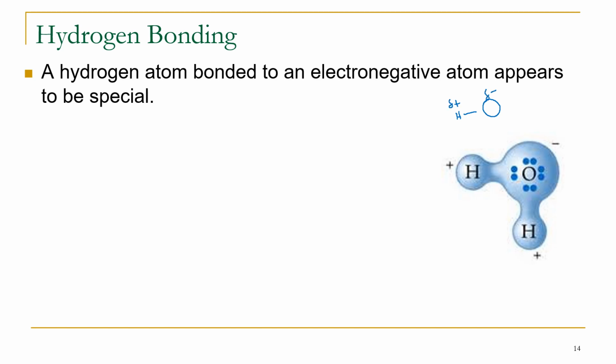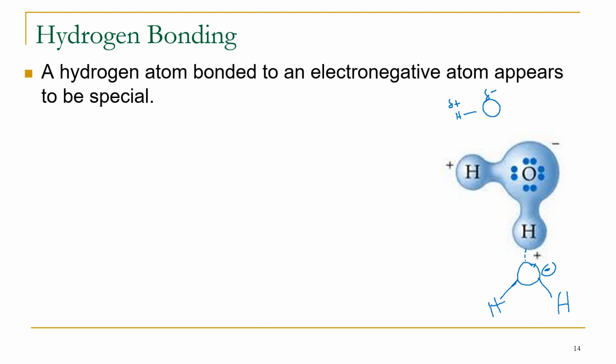And when you get them close to each other, so let's say you had a different water molecule here, there's an attraction again between the negative oxygen and the positive hydrogen. Because it's so polar and because the hydrogen is so small, it can get really close. It makes for a very tight dipole-dipole interaction, and that's why it's given its own name, hydrogen bonding.